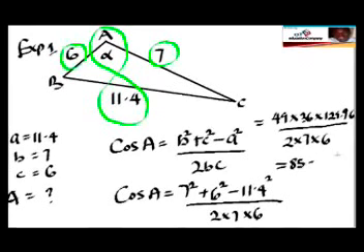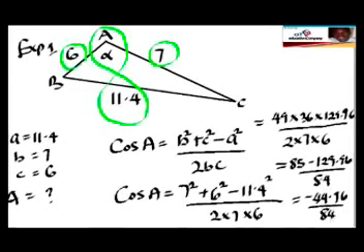minus 129.96, all divided by 2 times 7 times 6, which is 84. So here I'm having minus 44.96 all divided by 84.